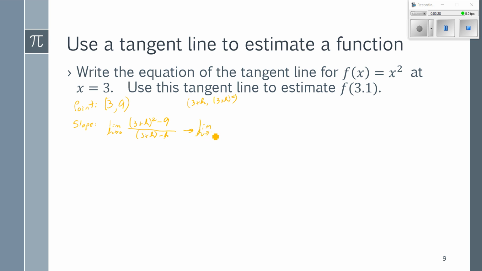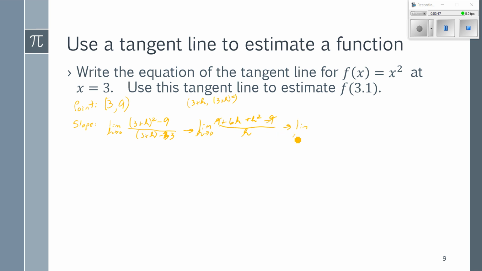Multiplying out my 3 plus h squared gives me 9 plus 6h plus h squared minus 9. Combining like terms on the bottom gives me just h. The 9's cancel. I can divide what's left on top by h.